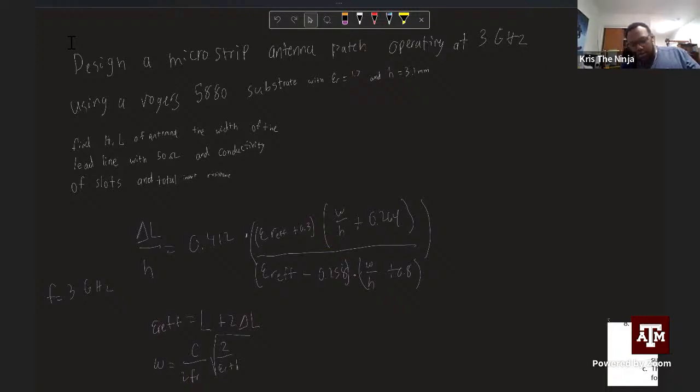So I guess now we can solve this. I think it'd be best if we both solve half of it. I'll solve the first half with W and epsilon, and then plug those numbers in where they need to go, and then you can solve the L over H. I'm not sure if he gave us how to solve for delta L though.